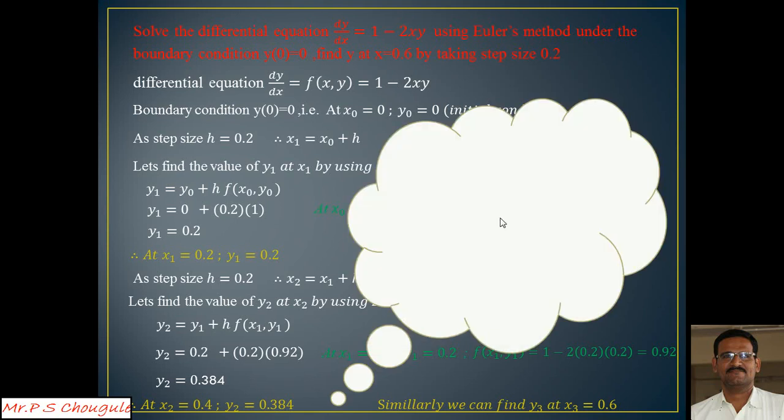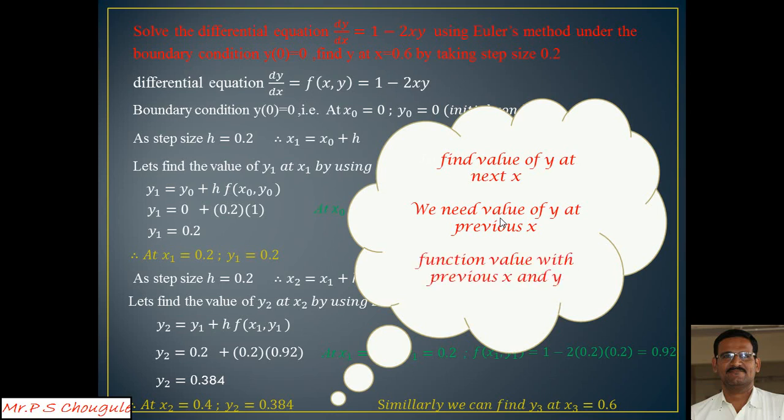Before going to the tabular form, some things to remember. When we need to find the value of y at the next x, what do we need? The previous value of y at the previous value of x, and the function value with the previous x and y. h is already given, but we need these two pieces of information.